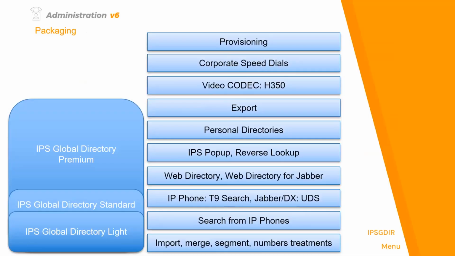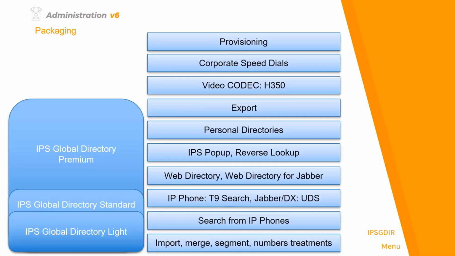Just to clarify within our packaging, we're aware that customers require different features, so we don't ask customers to sign up for the full package if they don't require all of the features. You can see here we've categorized the different packages.